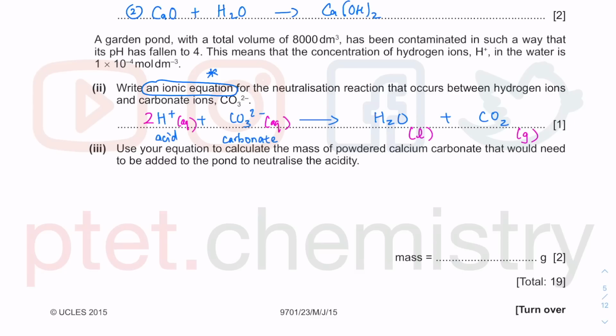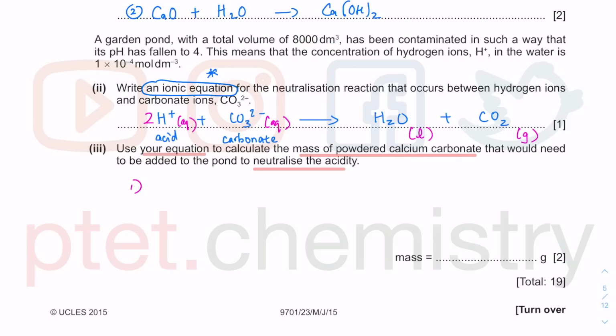Now the very last bit of this question: use your equation to calculate the mass of powdered calcium carbonate to be added to neutralize the acidity. You will see that the H+ acidity concentration is 1 times 10 to the minus 4. You have this much total volume.